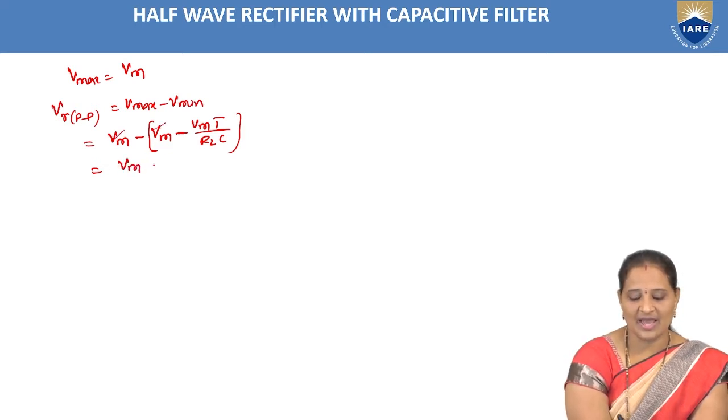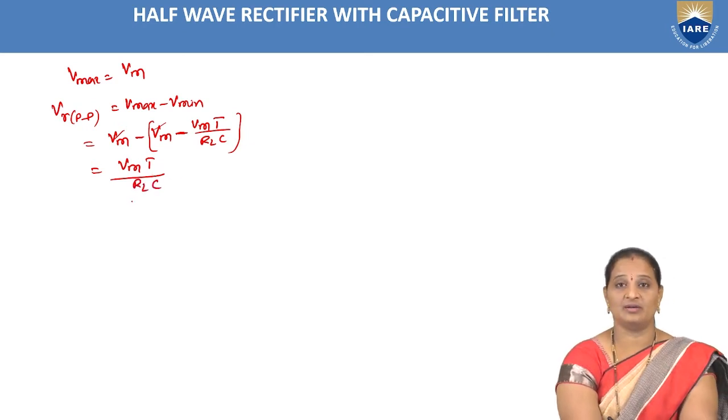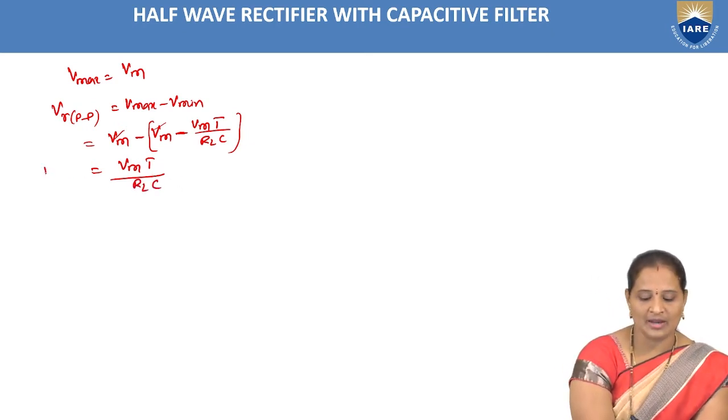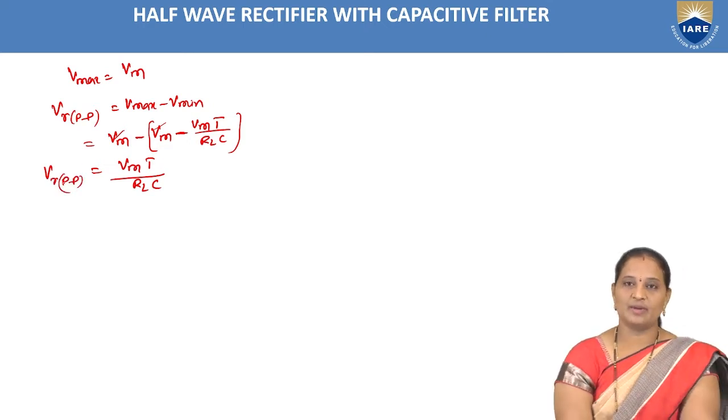So I get Vm into T by RL into C. This is the peak to peak value of the ripple voltage.